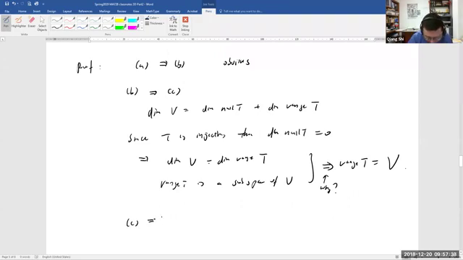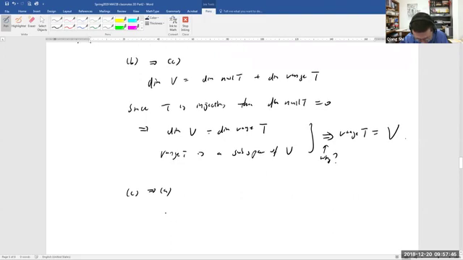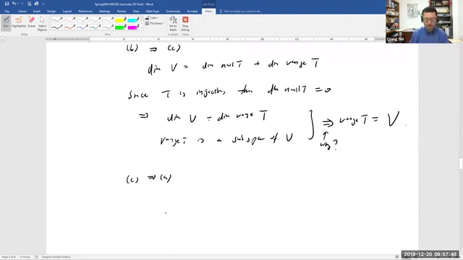And C implies A: we know T is surjective, and we're trying to show it is also injective, and then of course it's invertible. So assume T is surjective.